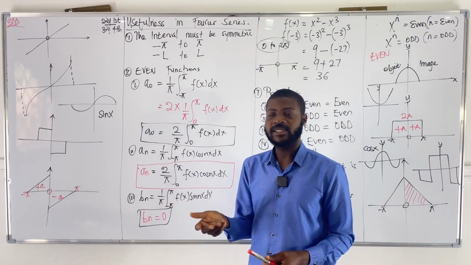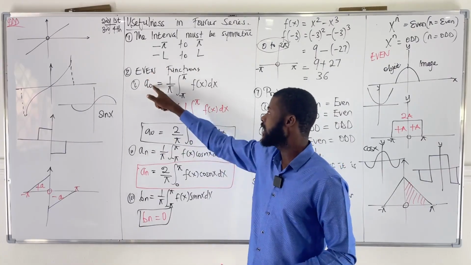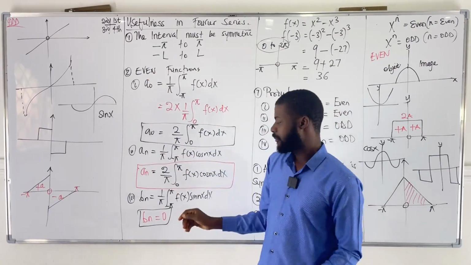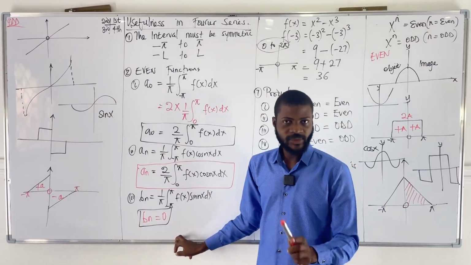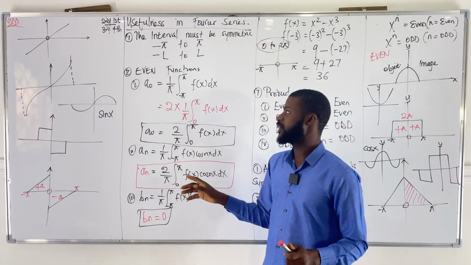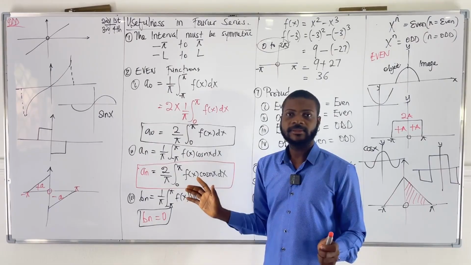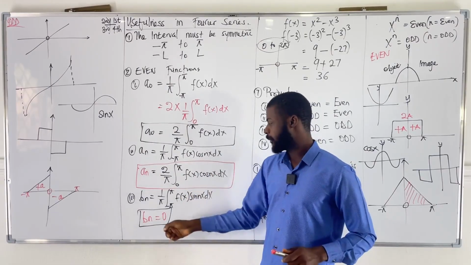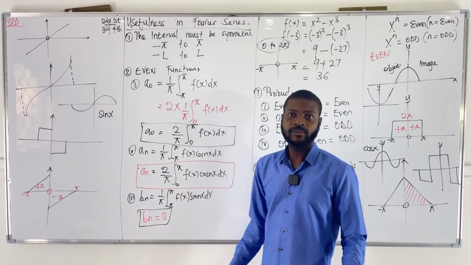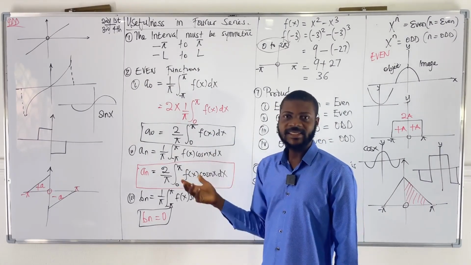Whenever we are solving Fourier series and we're dealing with an even function, the only thing we need to find is a naught and a sub n, because b sub n is what? 0. You see why this is a simplification, because if I'm dealing with even functions, I only have to find a naught and a sub n. That's the only thing you need to find, because b sub n will be 0. So you see that it kind of makes life easy for us.